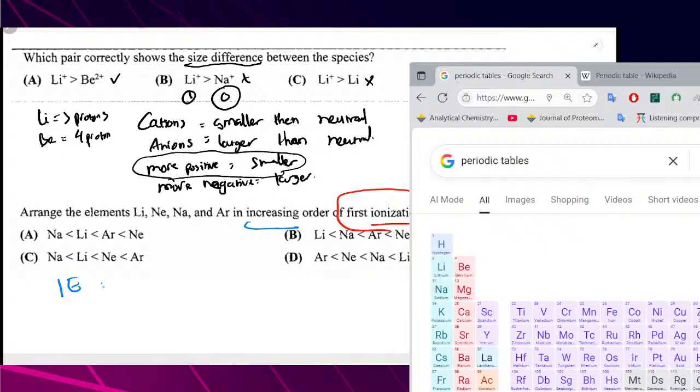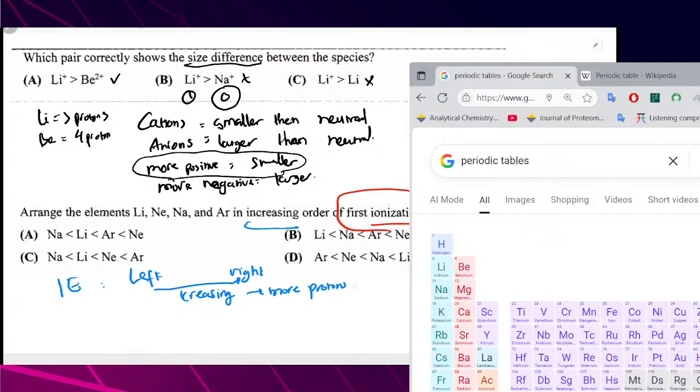The trend of ionization energy, IE, from left to right tends to increase. Because of what? Because of more protons.